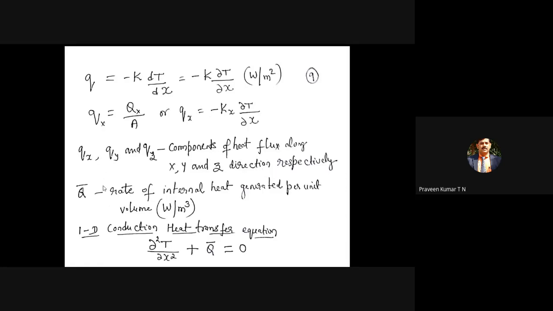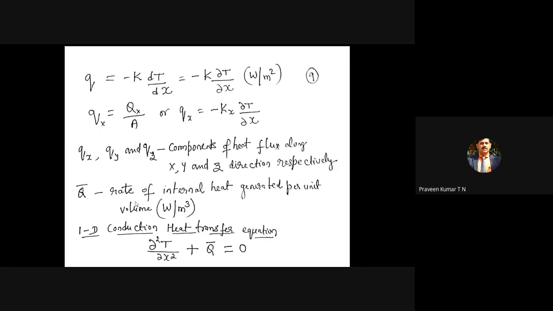But there may be some amount of rate of internal heat generation per unit volume. Let me give some examples for rate of heat generation. If you consider a complete internal combustion engine as one unit, there is a heat source: heat is generated during the combustion process. That is nothing but internal heat generation.